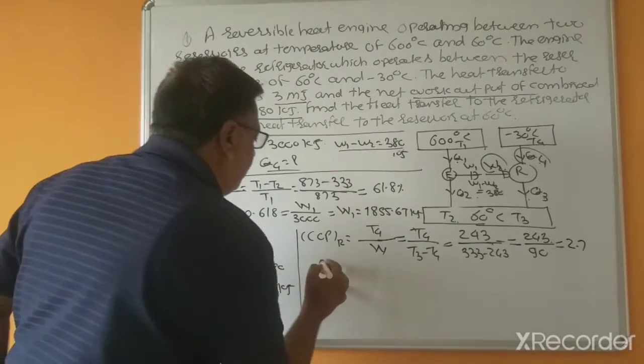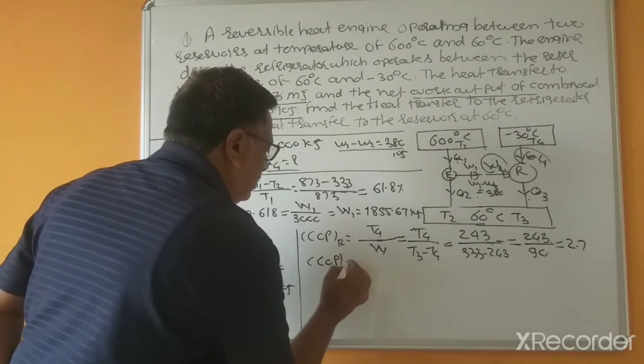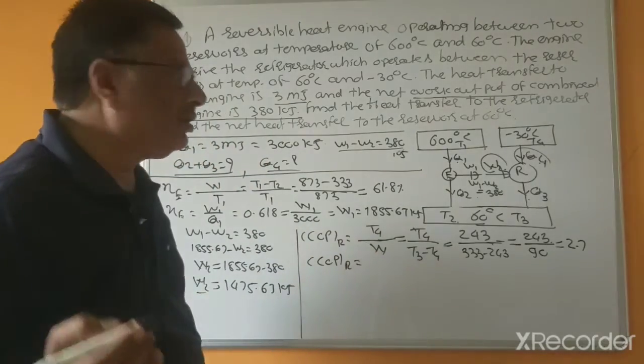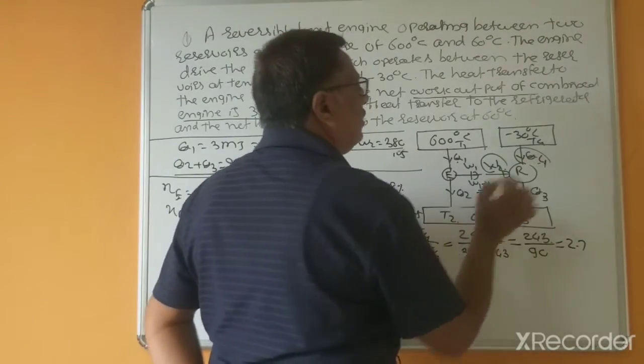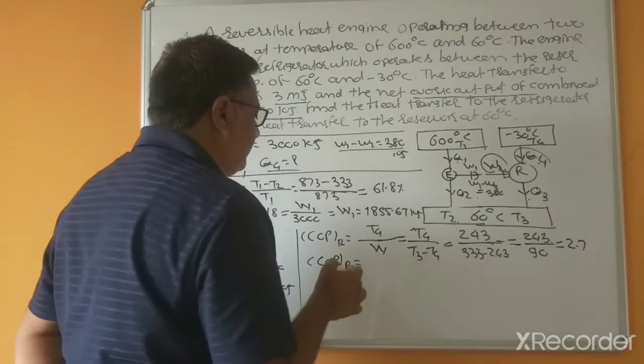So what is another formula for COP of the refrigerators? General formula. What we are desired here is amount of the heat extracted from refrigerators.